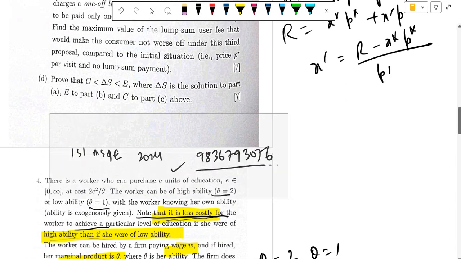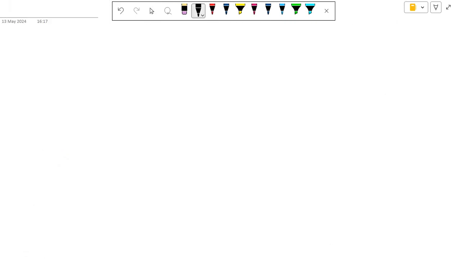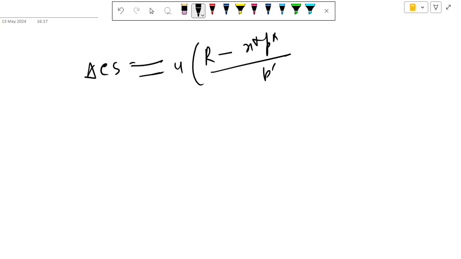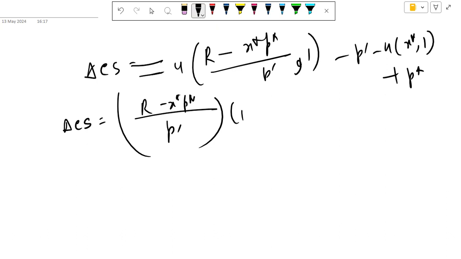So now for the CS part, the delta CS will be U of R minus X star P star by P prime 1 plus P star. Delta CS will be R, X star P star equal to 1.